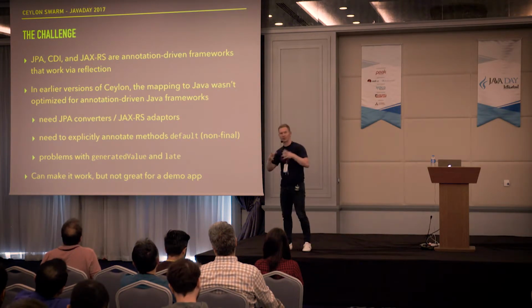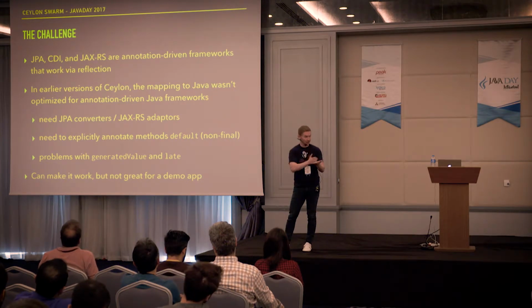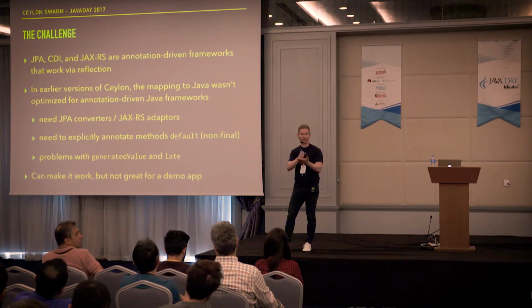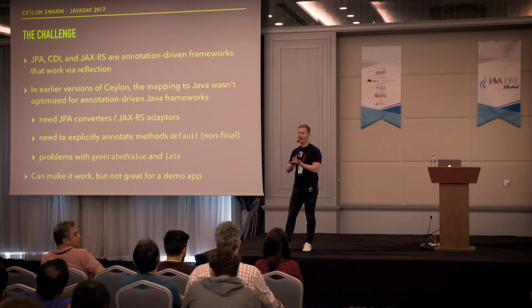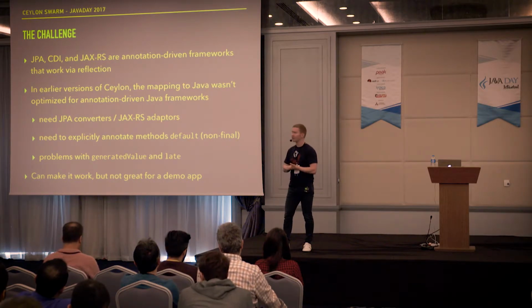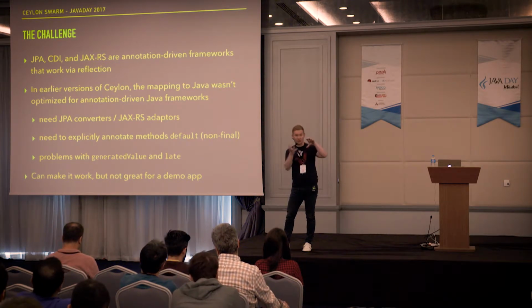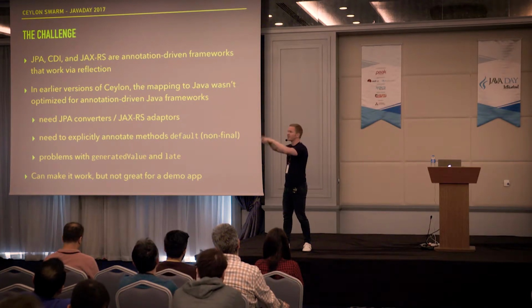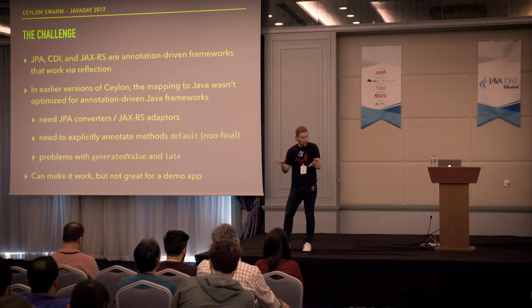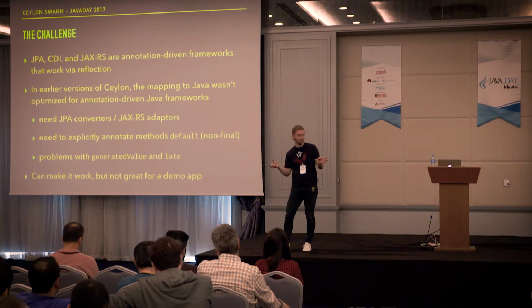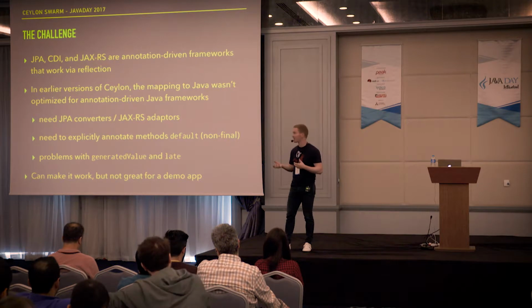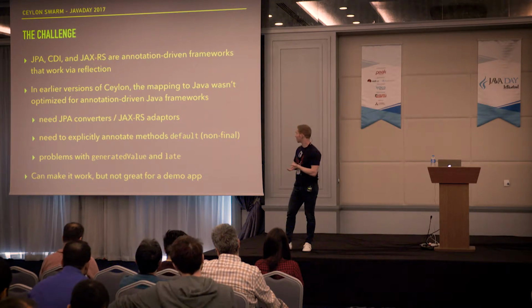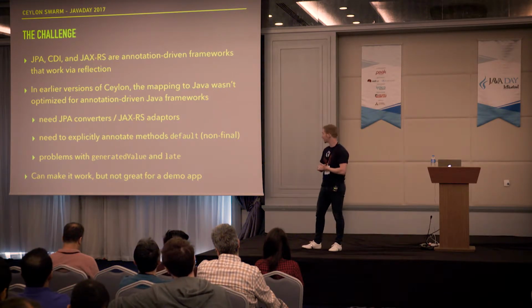One of the things is that the Ceylon compiler generates a lot of final fields and methods, and that wasn't too great for things like CDI, which wanted to have proxies. So you would have to explicitly annotate the methods of your class as default, so that they could be proxied by CDI. I think the same thing affected JAX-RS.